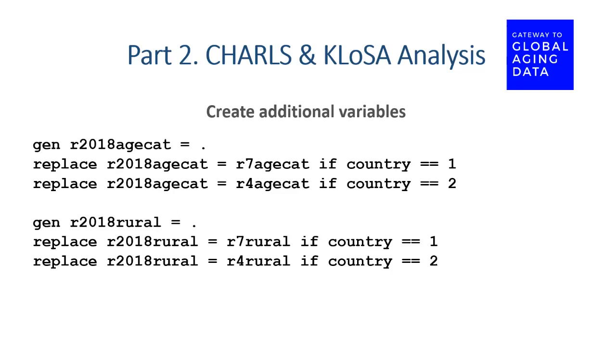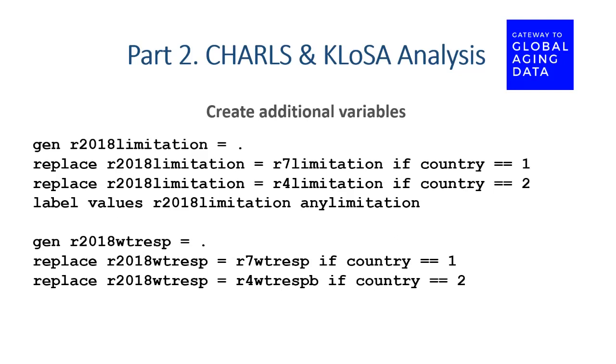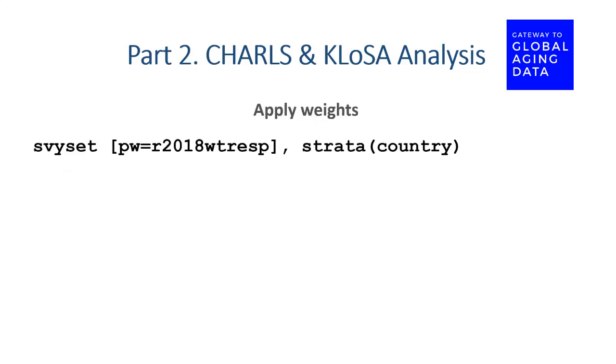So we're just going to replace R7 or R4 with R2018. We're going to do that for our age categorical variable, our rural variable, our limitations variable, and the weight variable. We have a weight that's also provided by the KLOSA team, which is also an individual level weight variable for 2018.